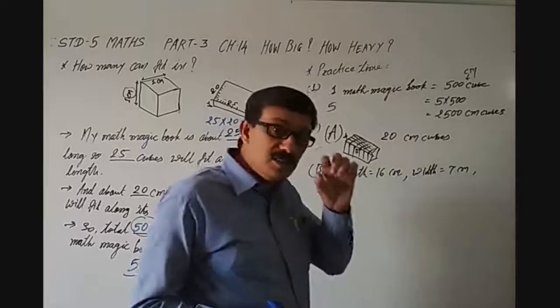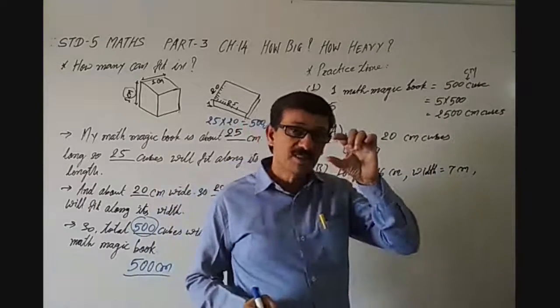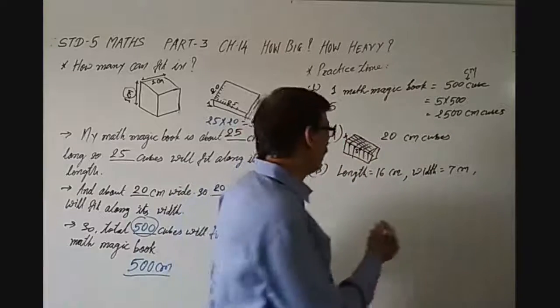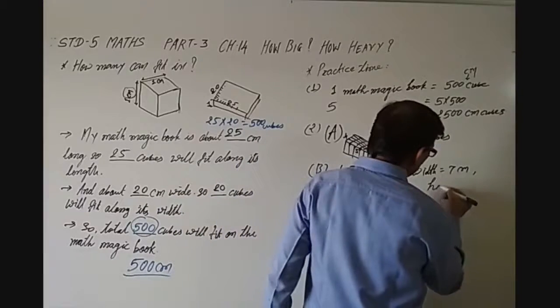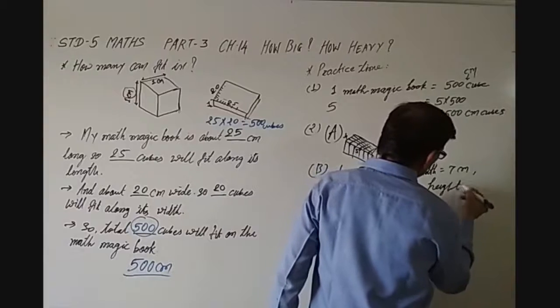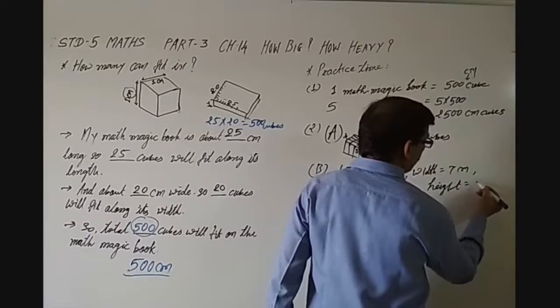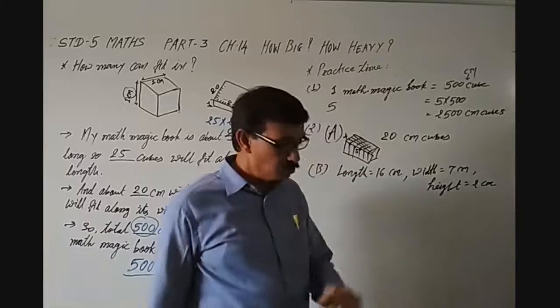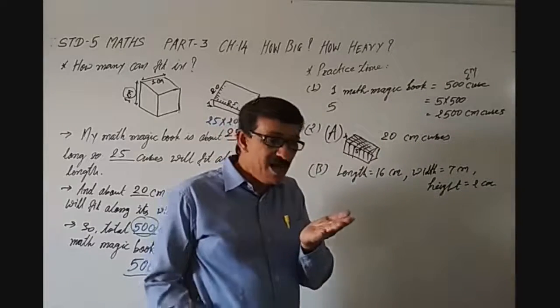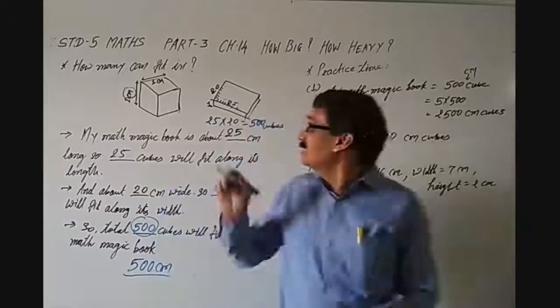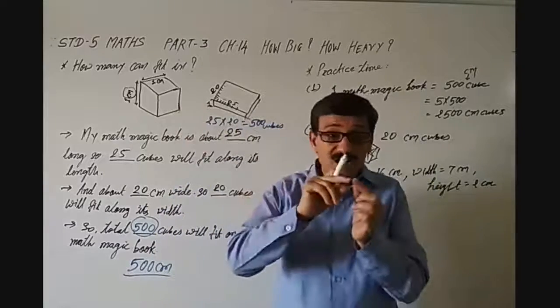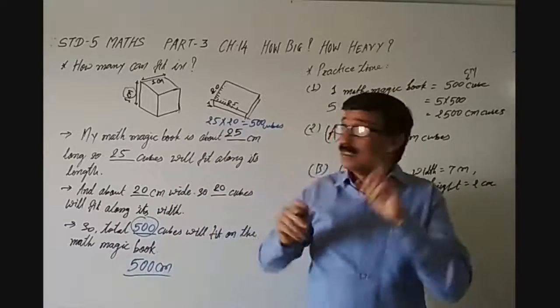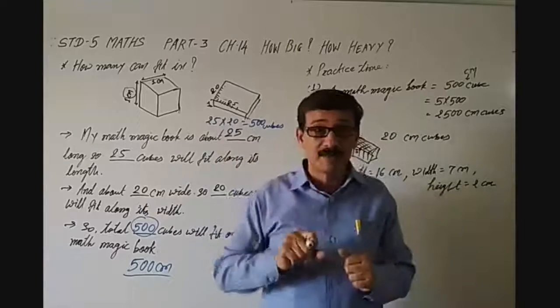And see, the geometry box has some more height. Suppose the height of the geometry box is 2 centimeter. So we have to put the 1 centimeter cube one over the second, then it will be 2 centimeter.